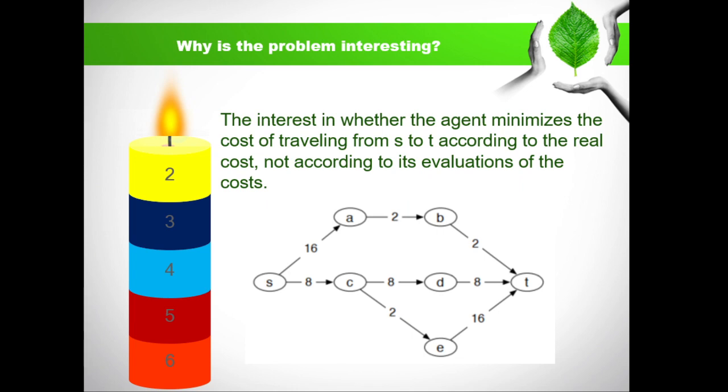The example in this study illustrates a few points. So this is the illustration. We have path S, A, B, and T on the upper side. We also have path S, C, D, T in the middle, and the path S, C, E, T in the lower part.